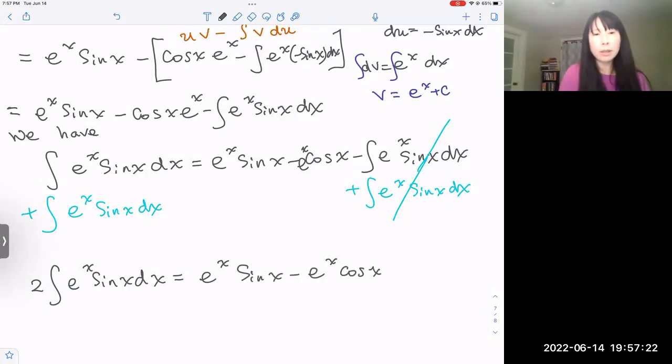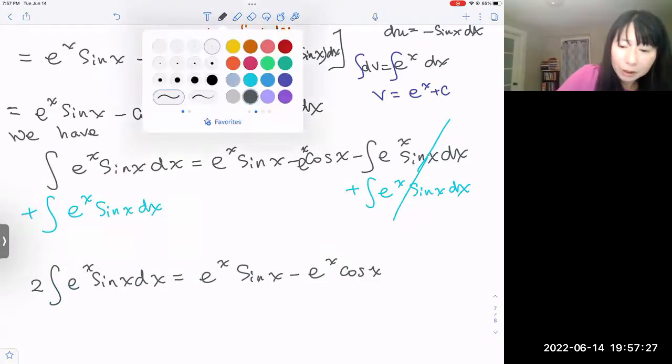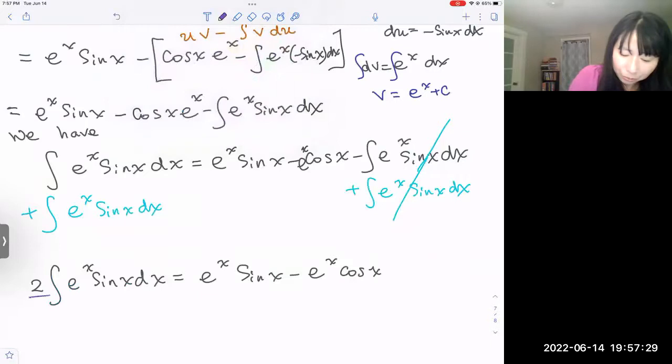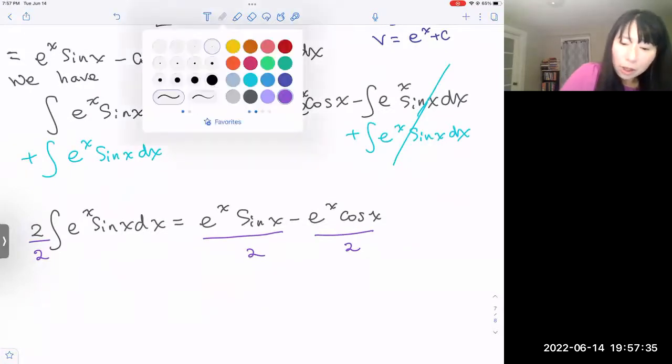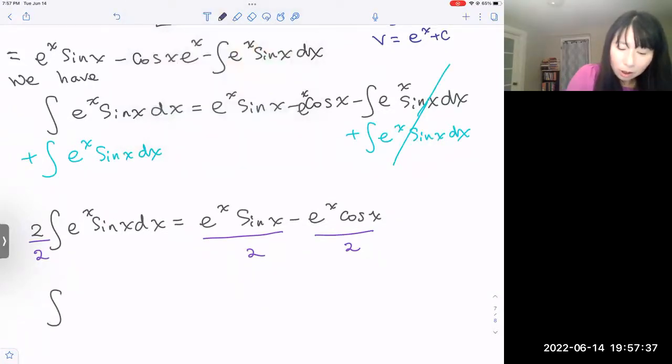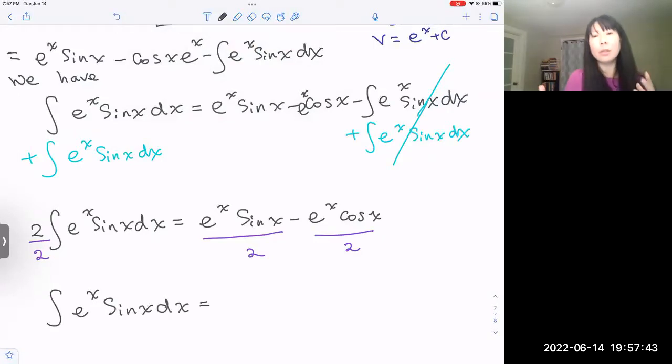All right, then we divide by 2 every term. So we get e to the x sine x dx, which has a common factor of 1/2 e to the x.